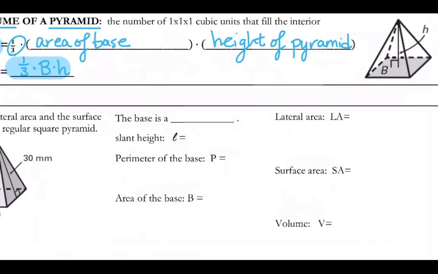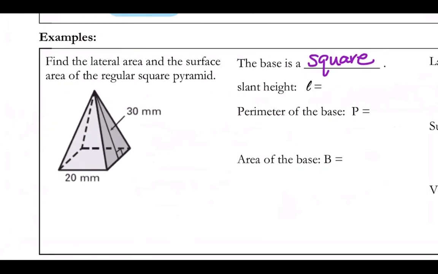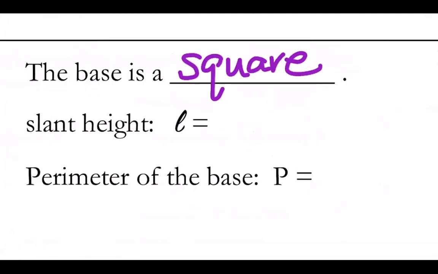The slant height, remember, is what you're finding when you write lowercase cursive l. The slant height is the height of one of the triangular faces. That's our L. So L is 30 millimeters.